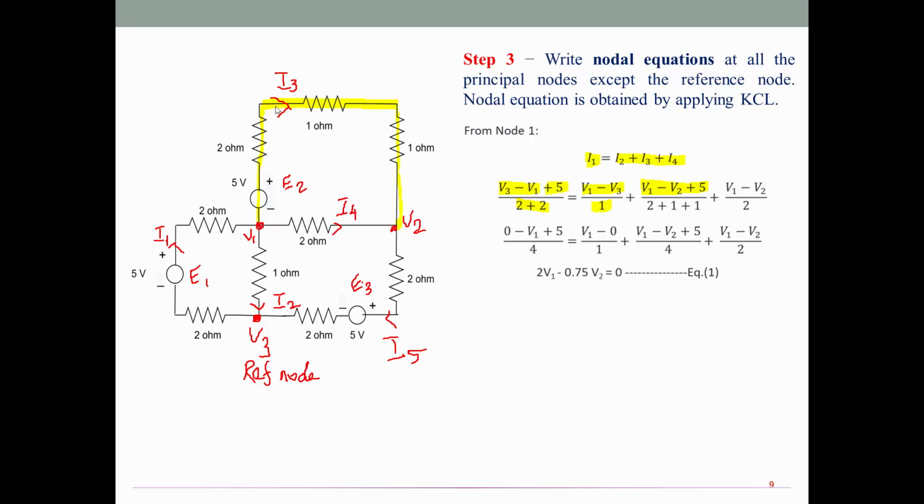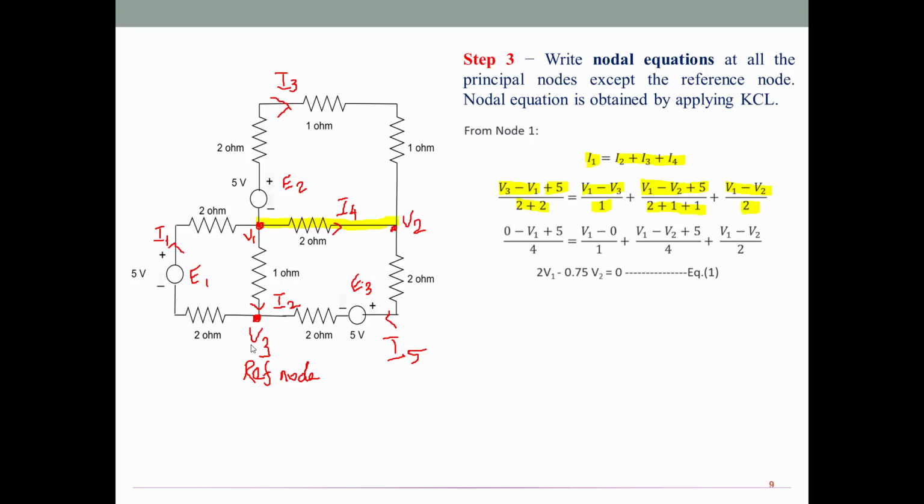Once again on this path I have 2 plus 1 plus 1, hence 2 plus 1 plus 1 in the denominator. Finally, I4 flowing between V1 and V2. So V1 minus V2, in the denominator you have 2 ohm.